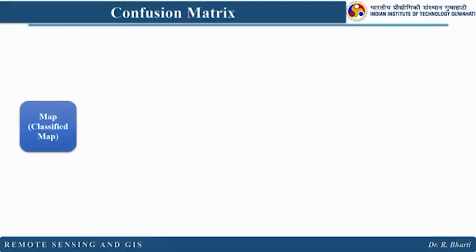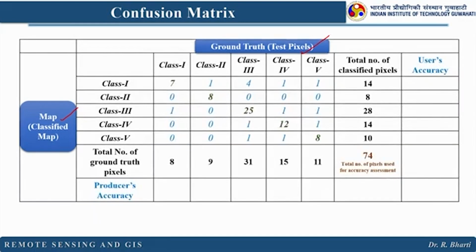In confusion matrix, rows are fixed for map information, meaning the classified map, and columns are fixed for ground truth, which is basically test pixels. So, if you see, this table has been prepared. Now, let us assume that 74 pixels were used.